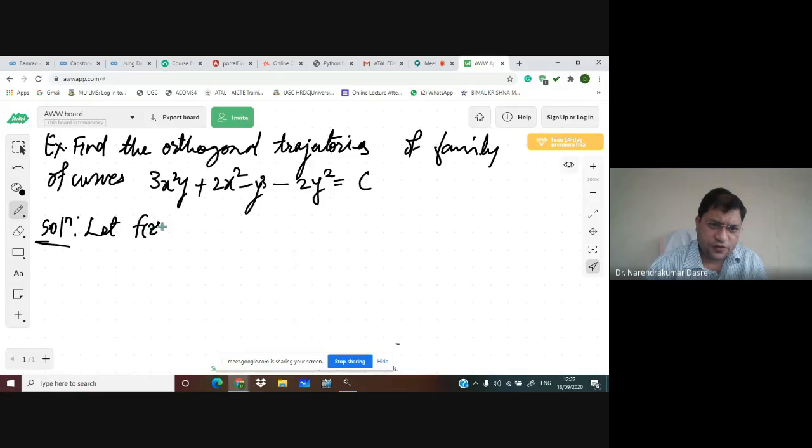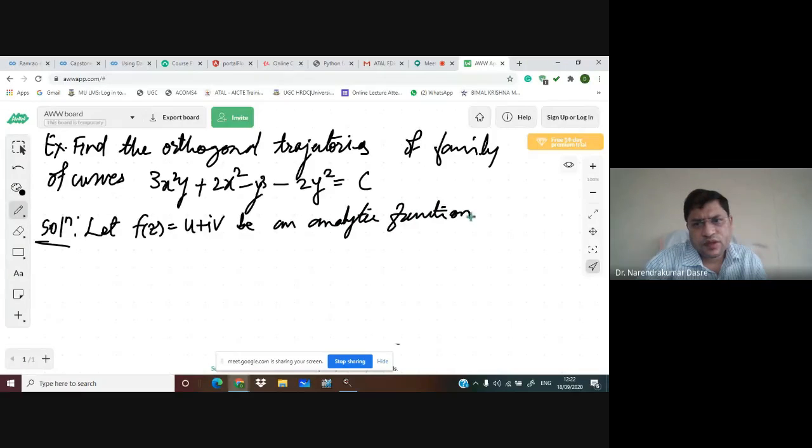So let f of z is equal to u plus iv be an analytic function. Now I have said that either you can consider u or you can consider v, that doesn't matter.